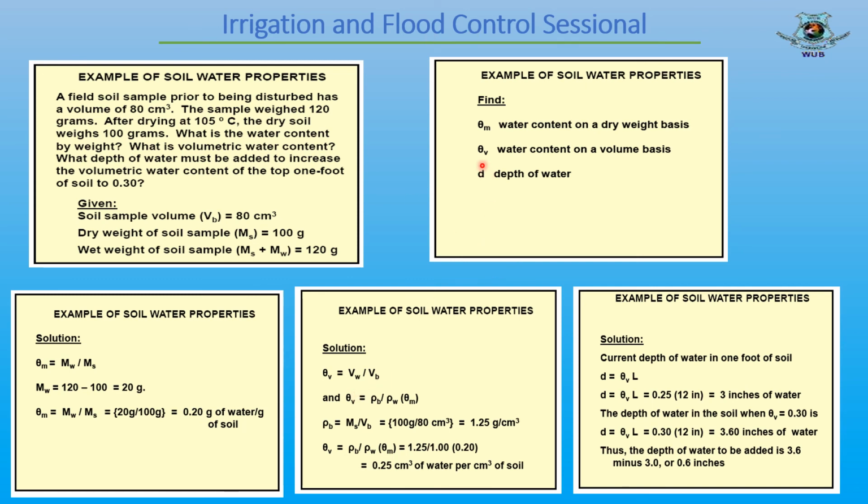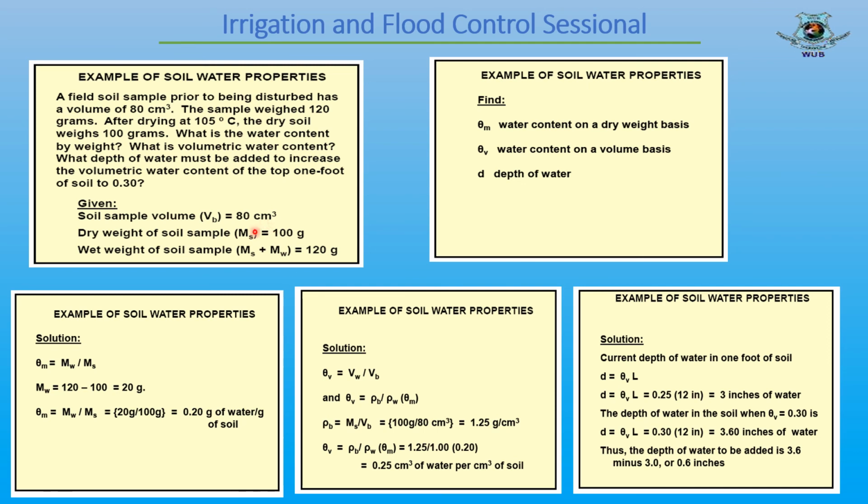Then next one is θv, that means water content on a volume basis. We know θv equals volume of water divided by bulk volume. More precisely we can write θv equals ρb by ρw into θm. Here we know ρb, that means bulk density, equals mass of soil divided by bulk volume.